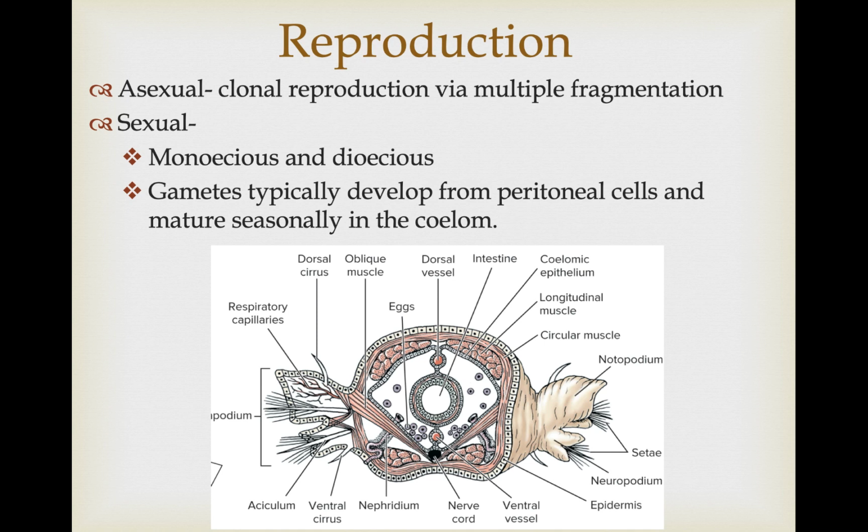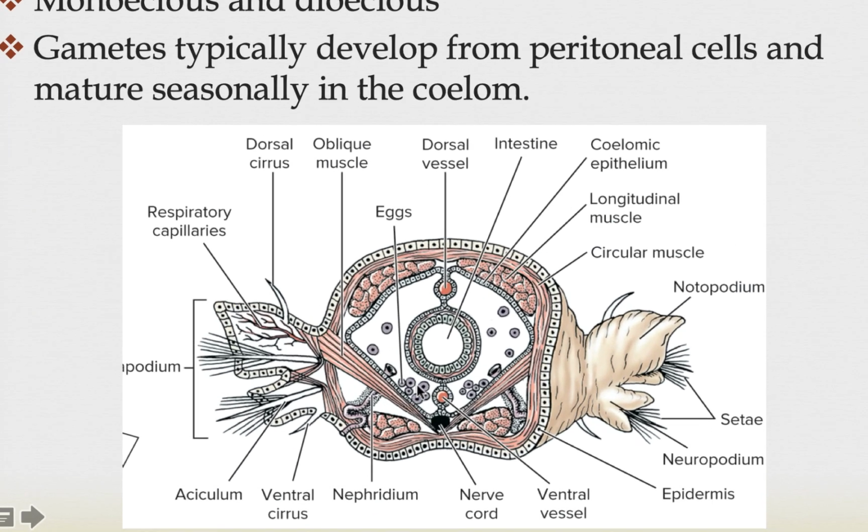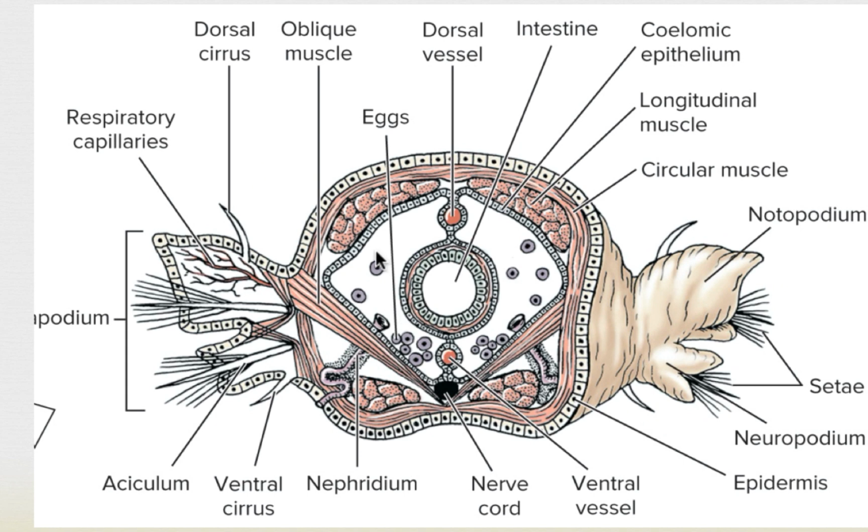But most reproduction is associated with sexual reproduction, and there are many examples of both monoecious and dioecious species, so that's highly variable. The gametes themselves are actually produced seasonally in the appropriate season as peritoneal cells, the mesodermal cells that line the coelomic cavity. Those actually produce the gametes themselves.